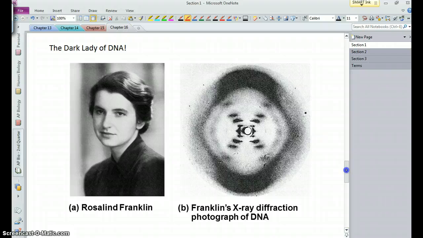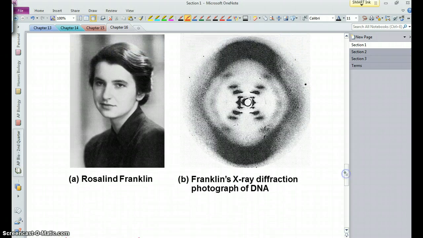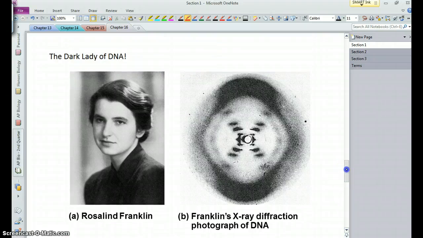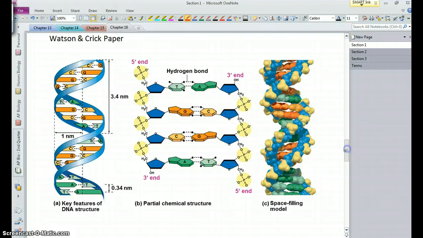And so Watson and Crick were able to make use of Franklin's information, her data, without her knowing about it. And building their models, they essentially figured out the correct shape of DNA. That it's a double helix, the two strands consisting of, on the sides, the sugar phosphate backbone of the molecule, if you will, on either side, and the nitrogen bases in the middle.